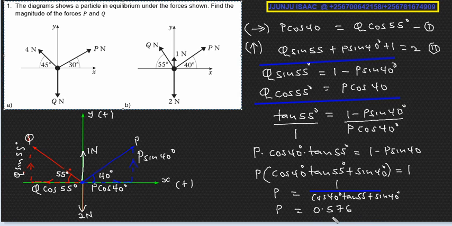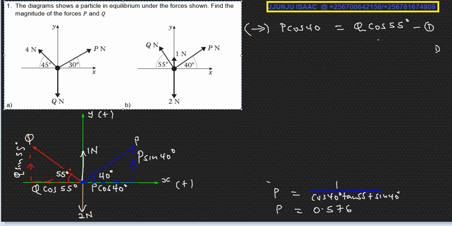Then to find the Q, we are going to use any of these equations. If we use equation 1, Q is going to be equal to P cos 40, which is 0.576 cos 40 degrees, divided by cos 55 degrees.